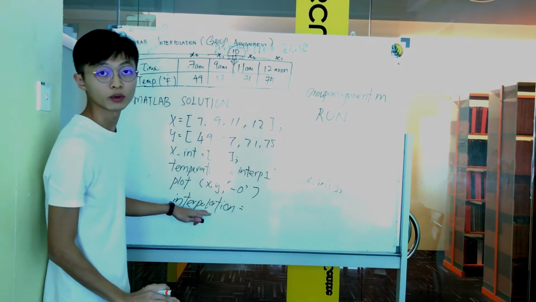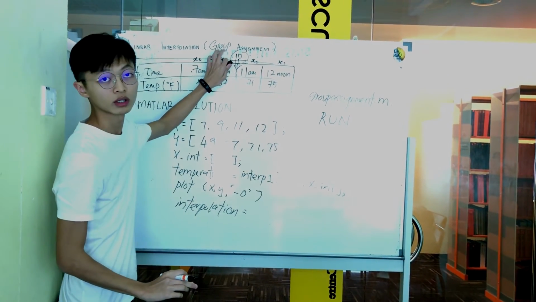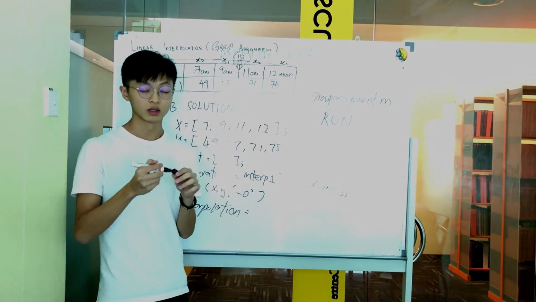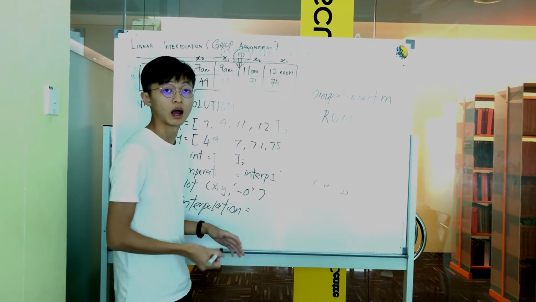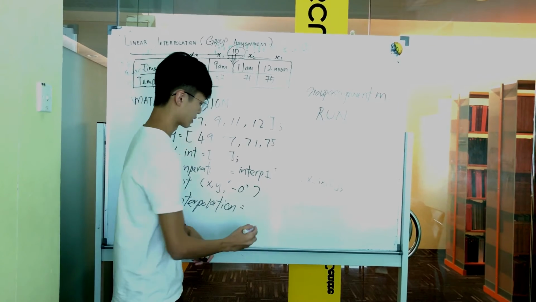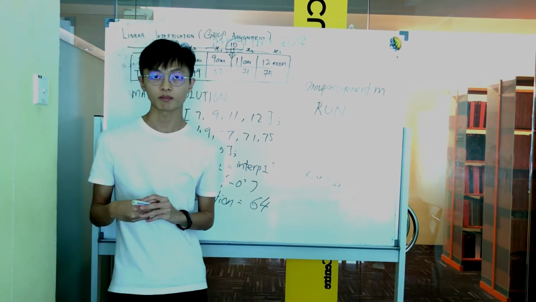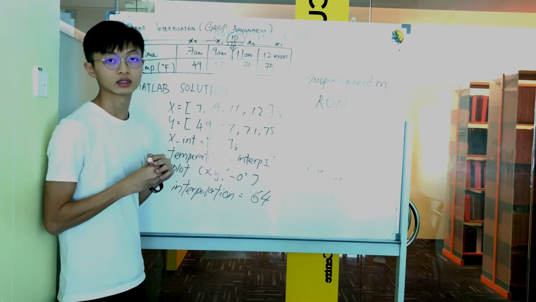After running it, we get the interpolation value. The interpolation temperature at 10 a.m. according to the title is the same as what my friend Yongjae said, which is 64. So this means that by using Matlab, we can approximately get the value.